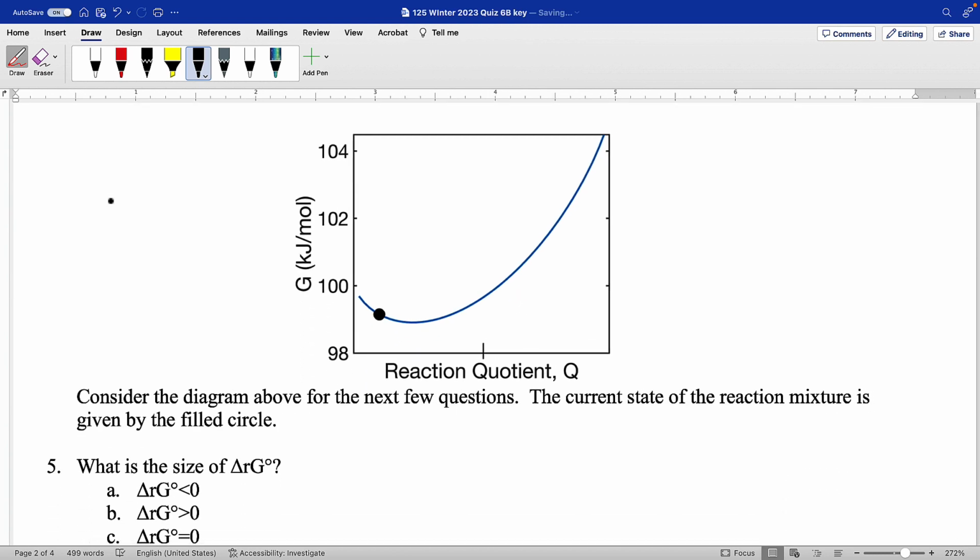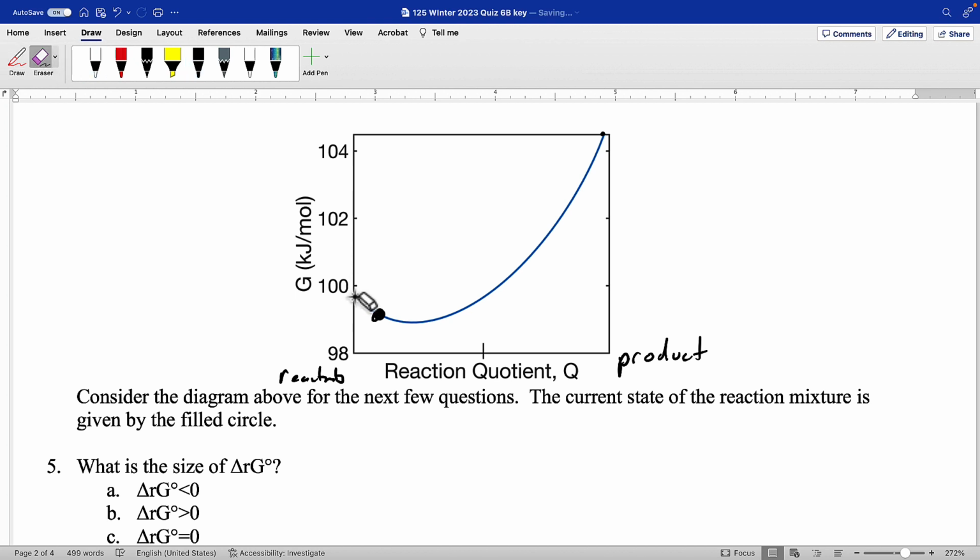Okay, the next few questions deal with this Gibbs energy versus reaction progress graph. So we've got reactants over here, we've got products over here. And as we imagine going from pure reactants to pure products, we're going from left to right. Okay, and we've got this filled circle here. I'm going to erase this because I only want to have one filled circle on there.